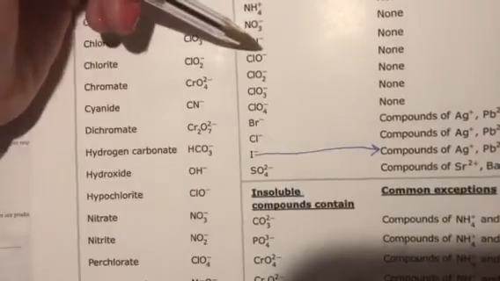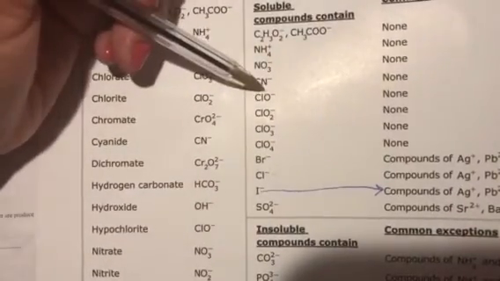Oh, it wants to know if every single one is soluble no matter what. OH is insoluble. I has some exceptions, so it's not that. ClO. So I go to ClO, it's right here. It's soluble no matter what.